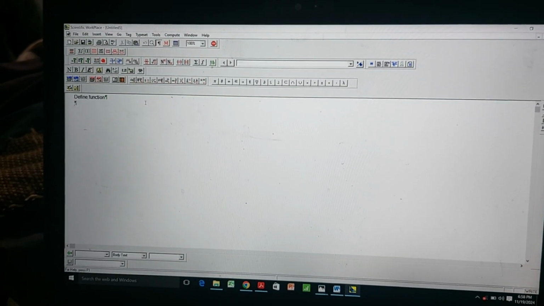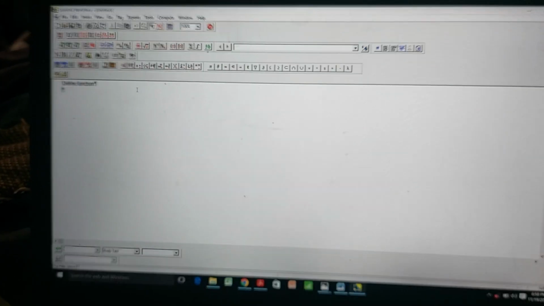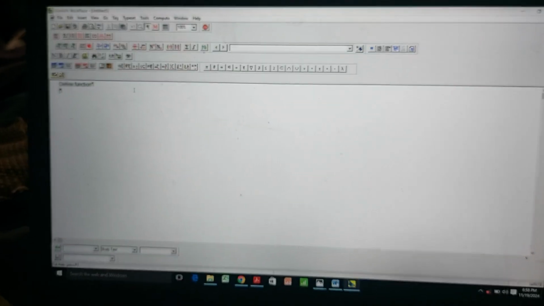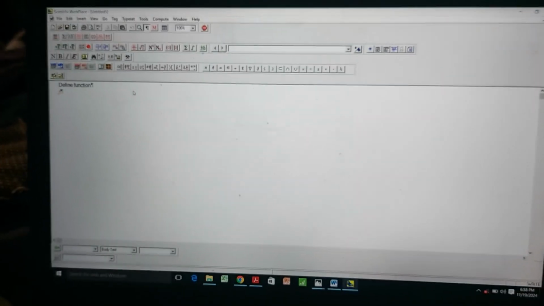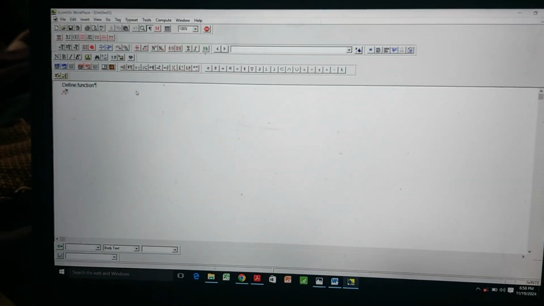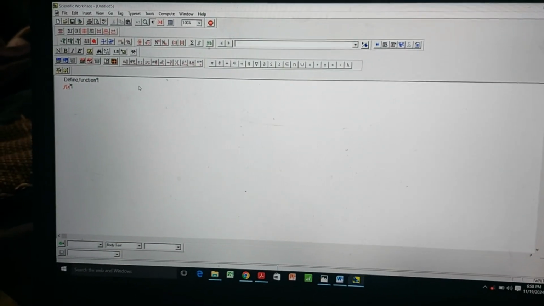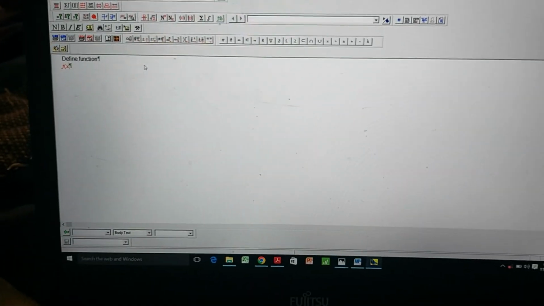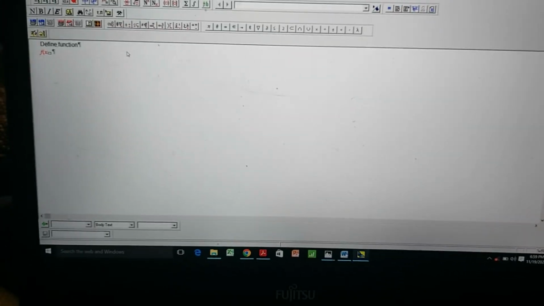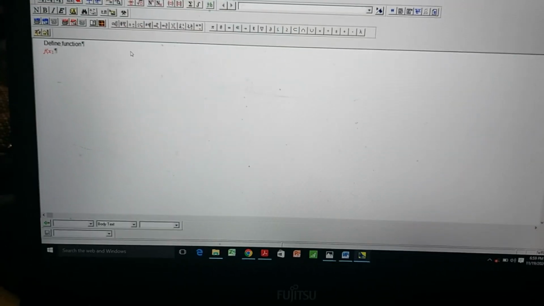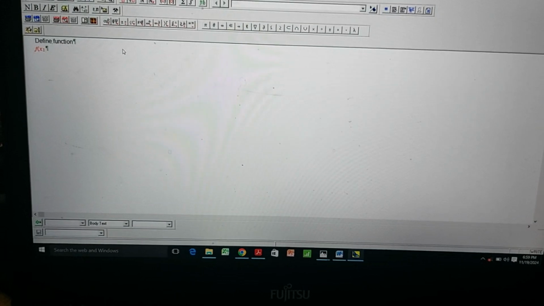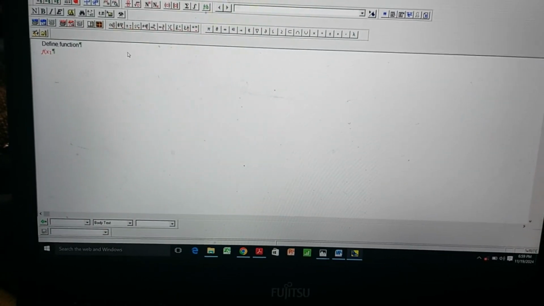Now we are ready to define the mathematical function. So we have f of x1 and x2. For x1, press control L and it will be 1. Press space bar and it will return to the normal line.